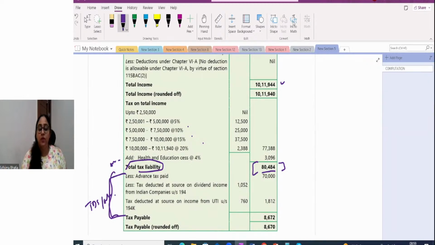But since she is having a business income, or is into profession basically, she has to be careful for opting in. Matched? Simple question. Perfect. Very good.